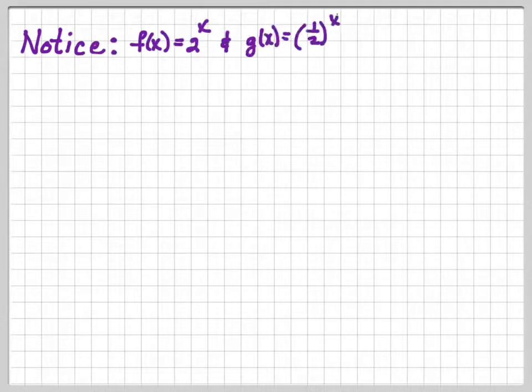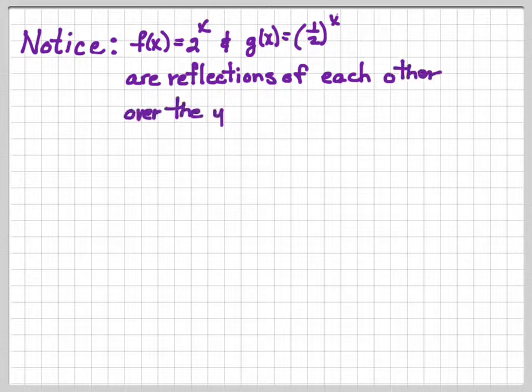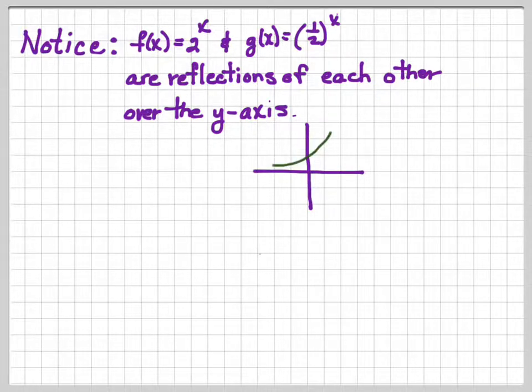Notice, f of x equals 2 raised to the x and g of x equals 1/2 raised to the x are reflections of each other over the y-axis. Now we've done this before with even and odd functions, and remember the cosine was an even function because it reflects over the y-axis. So in our case here, our first one went like this and our second one went like this, and you can see that they are just mirror images of each other.